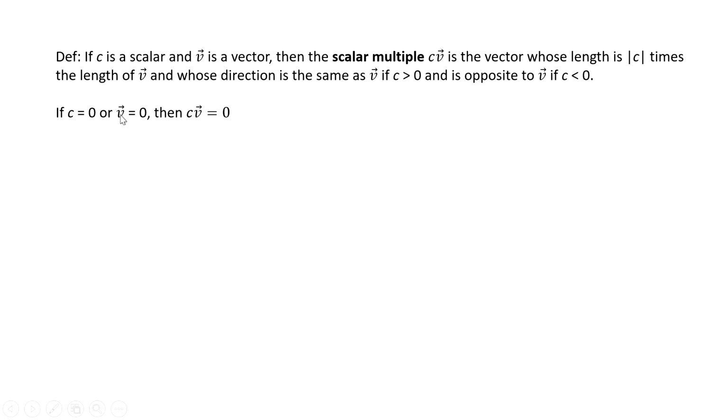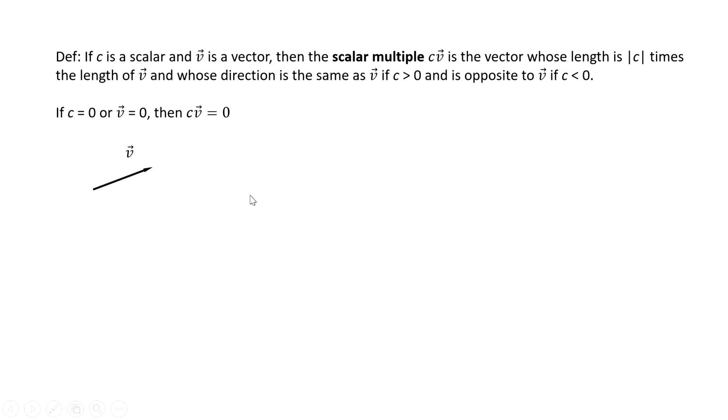So strictly speaking, I should not say vector V is equal to a scalar 0. I should put an arrow on top of it, but based on the context, you understand. However, here C equals 0. C is just a scalar, so this 0 is a scalar 0. Then automatically CV will be the 0 vector. Okay, that's something we need to understand.